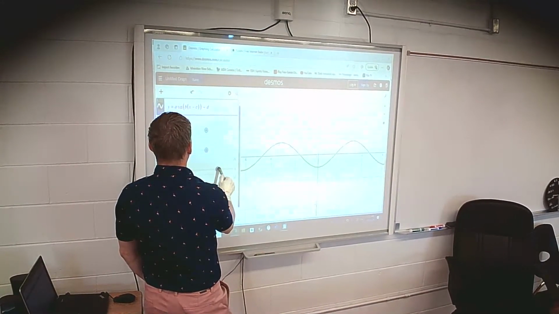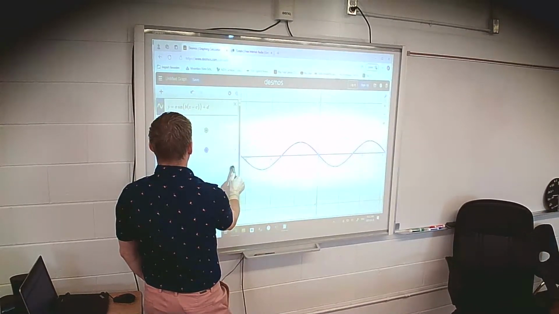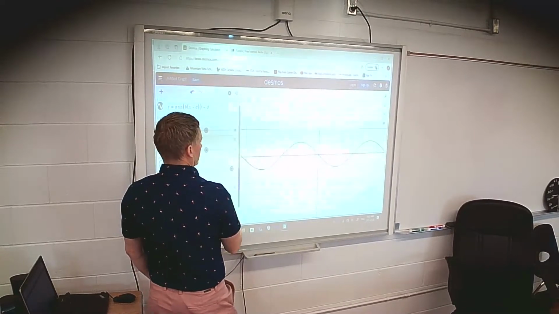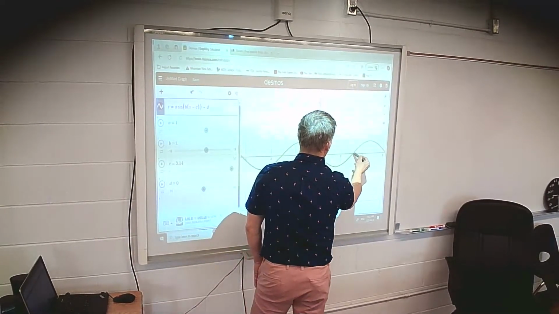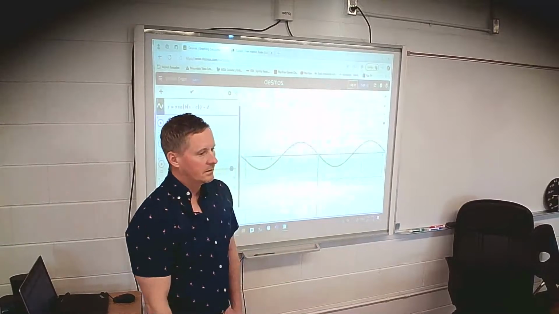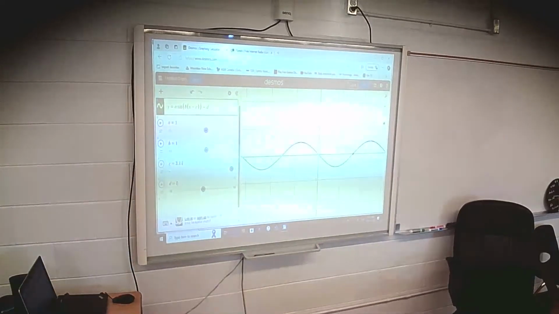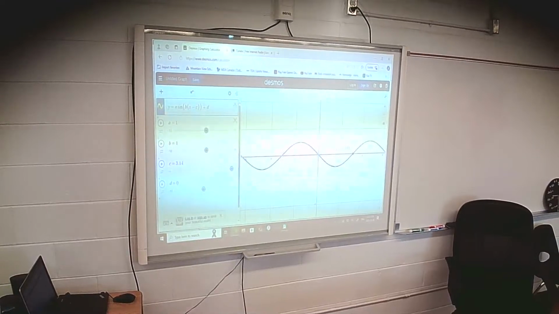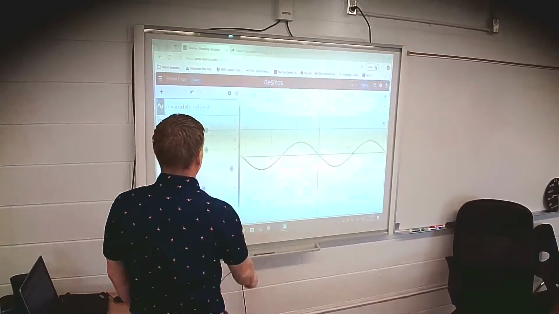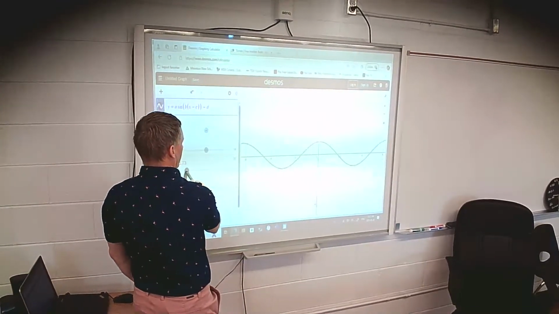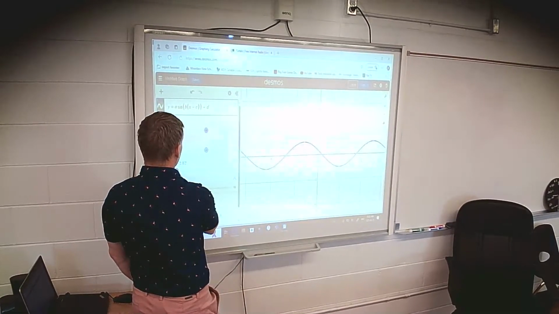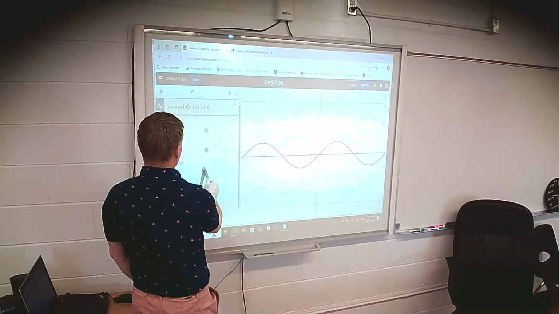So this is pi to the right. Now you notice right here, my whole graph moves pi to the right. Okay? So that's my C value, that's how it affects it. So I can go over here. Now I notice I move it to the left. And so on. Okay.